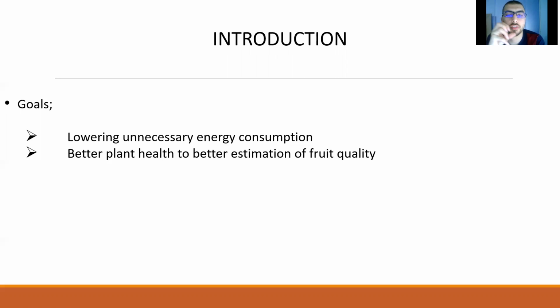The other goal is associated with growth control and fruit production. By monitoring the growth of every individual plant, one can easily check plant health and find out abnormal ones, which leads to a better estimation of fruit quality and the final production.